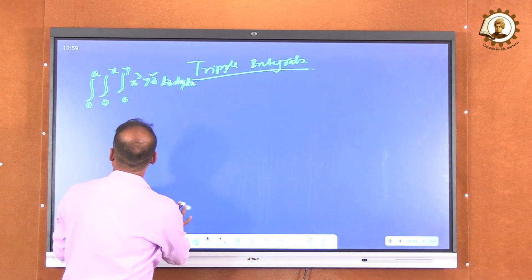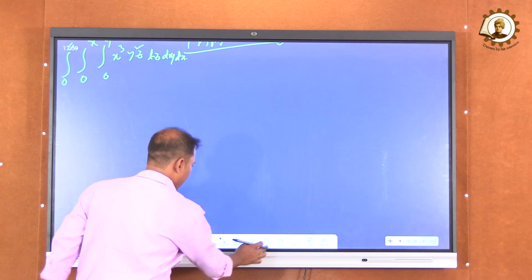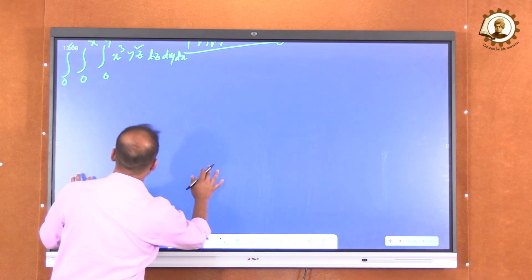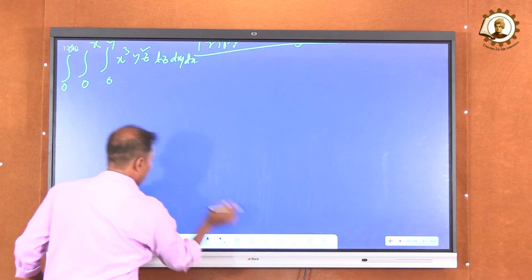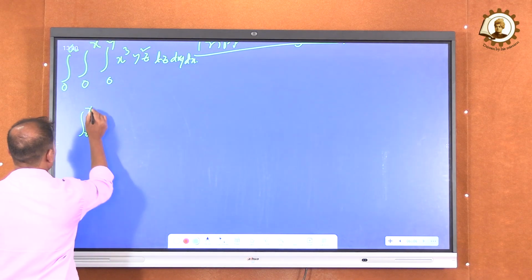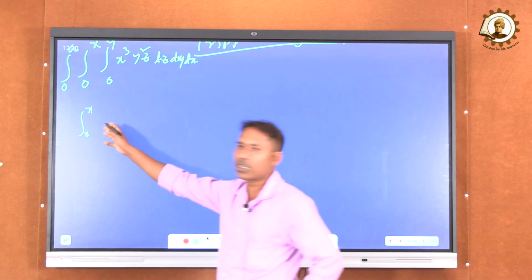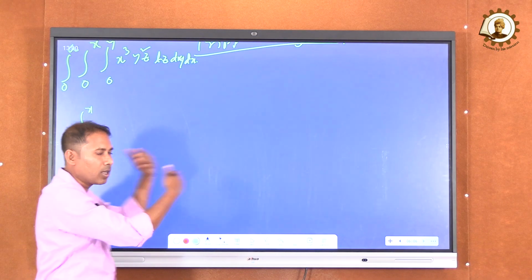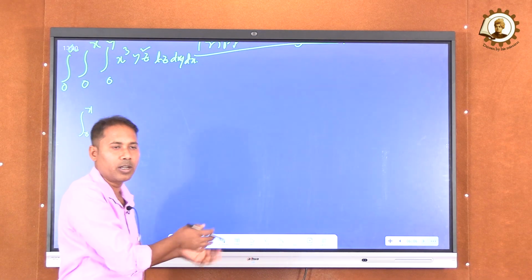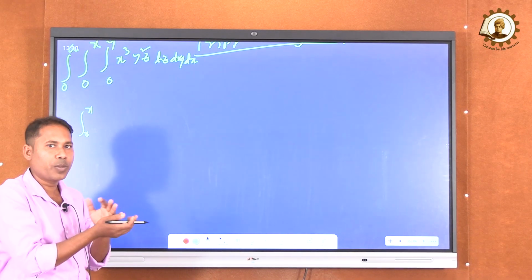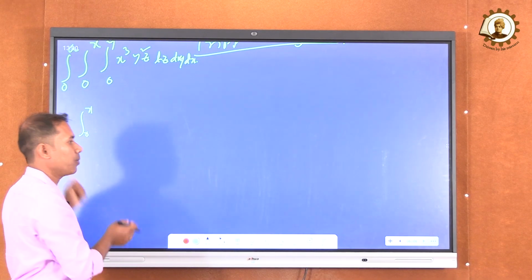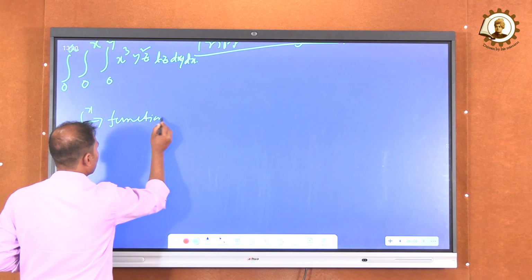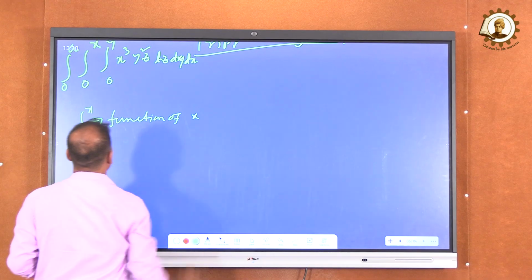The integration 0 to x, obviously, is a function of x, which means whenever we integrate and put the upper and lower limits, we get a function of x.